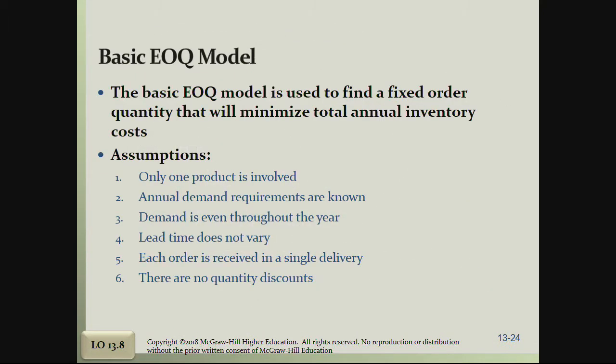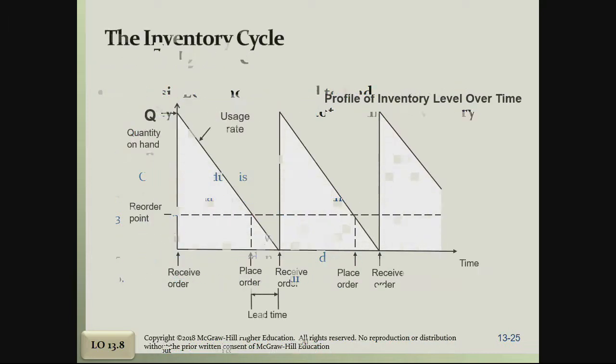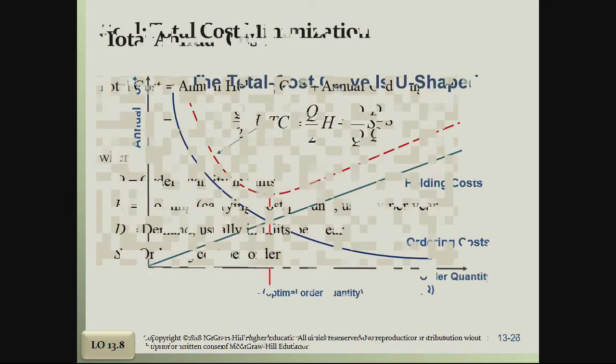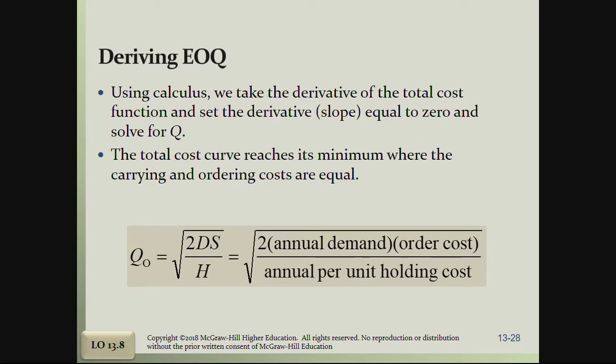So the first model we have studied is called the basic EOQ model. What does EOQ mean? Anybody remember? Very good, Joseph. Economic order quantity model. For this model, I gave you several assumptions. If we satisfy these assumptions, then we can use a very simple formula: Q equals the square root of 2DS divided by H, to get the optimal order quantity for this retailer or distributor.